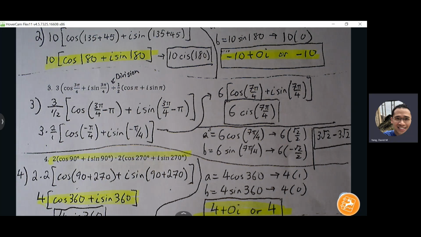So if it is a 100, does that mean it's still rectangular? Yeah, it's -10 plus 0i, so think of it as -10, 0.